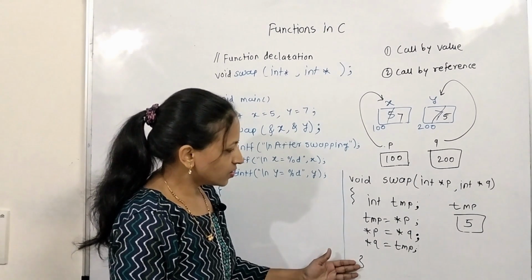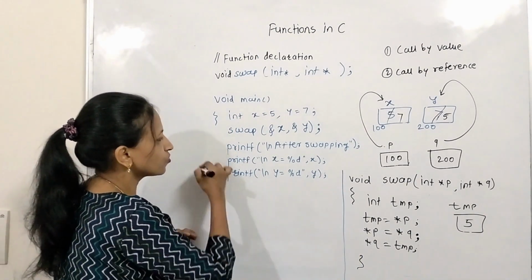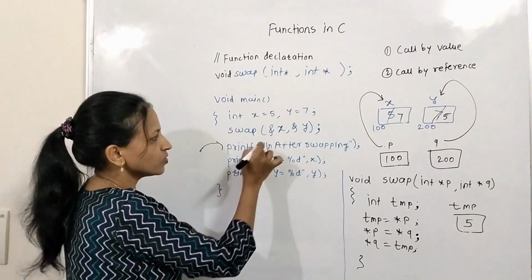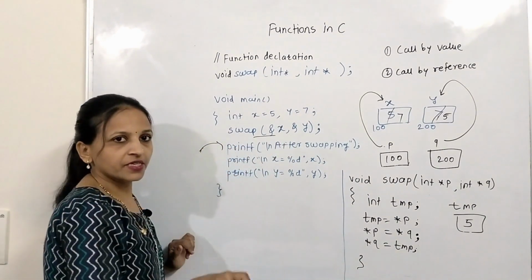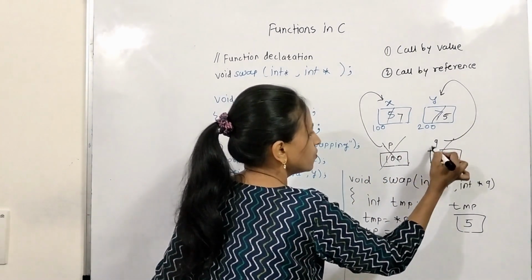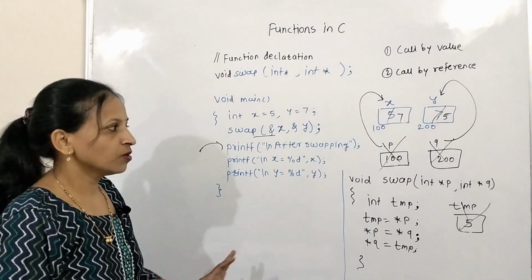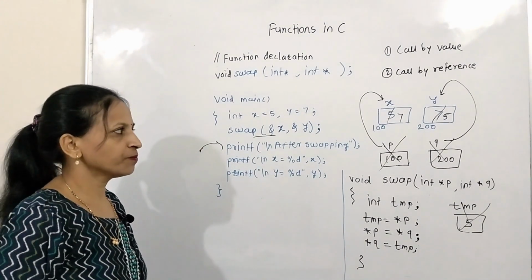Now execution stopped. Here we have to come out. Means automatically control will come here, because execution of that call has completed. Now whatever P, Q, temp, the whole memory will get erased and freed. No problem.